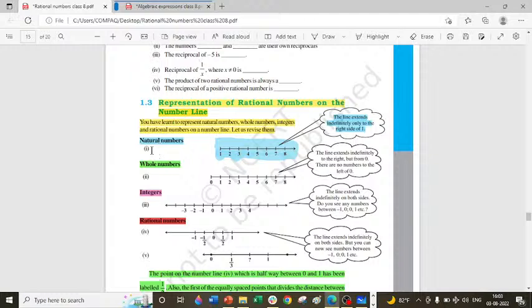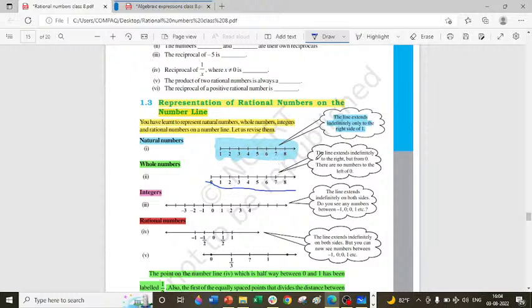Now let's move to the whole numbers. As you know, the whole numbers start with 0, 1, 2, 3, 4, 5 and so on. In the given image you can see the whole numbers represented on a number line, and this number line is divided into 8 equal parts.